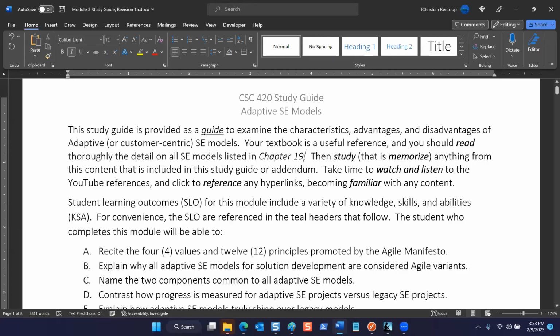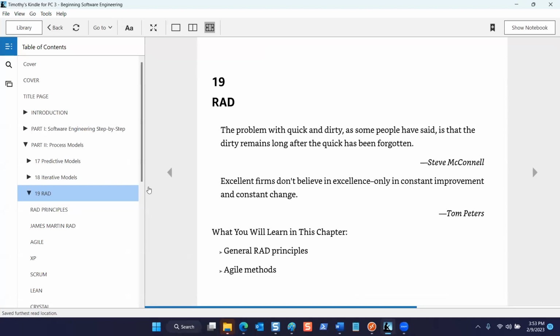Let's take a look at adaptive security engineering models. This is chapter 19 in the Stevens textbook, and I think it's 1.3 or 1.4 in the SAS manual.